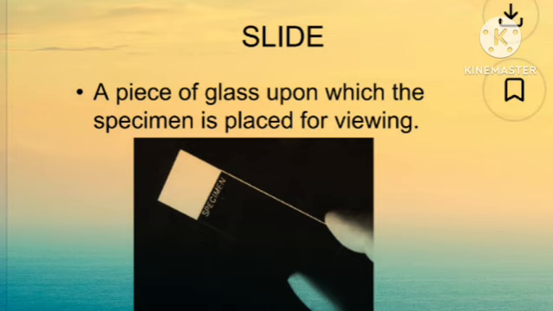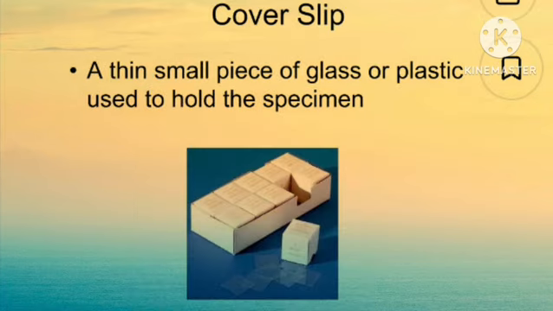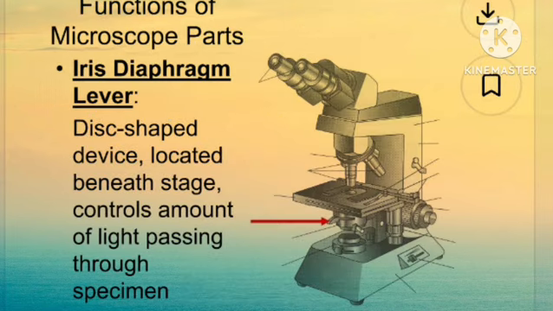Next is the cover slip, a thin small piece of glass or plastic used to cover the specimen. It is a thin, flattened, transparent piece of material, typically high quality borosilicate glass or plastic, placed over a specimen on a microscope slide.